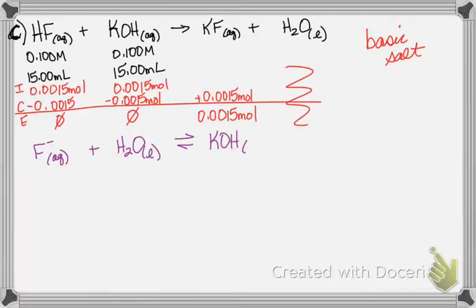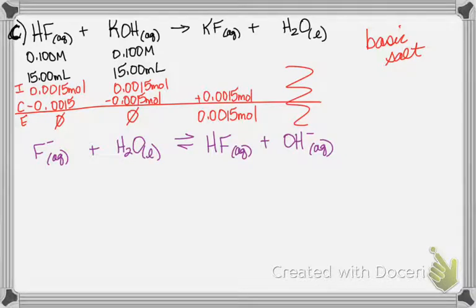It's a basic salt because the fluoride ion takes a hydrogen from water. The fluoride ion takes a hydrogen from water, leaving water with the hydroxide. That's why it's a basic salt.